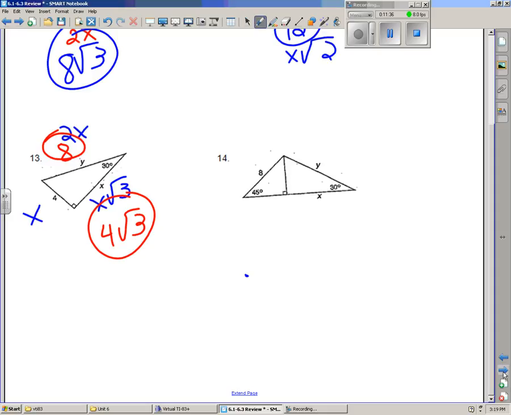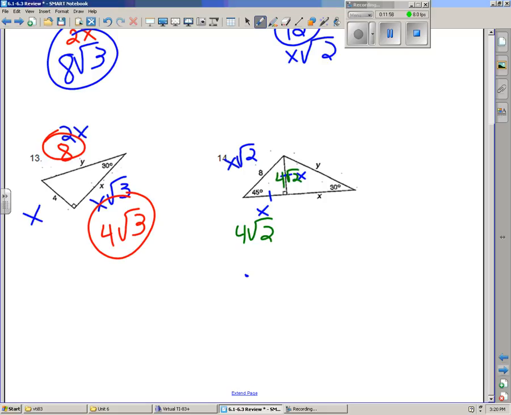This one's got a couple things going on. If I look at just the 45, 45, 90 right now, where this becomes x and this becomes x, this is my x rad 2 side. So when I go backwards, I take 8, I divide by 2, multiply by a rad 2, which means this becomes 4 radical 2. This becomes 4 radical 2.